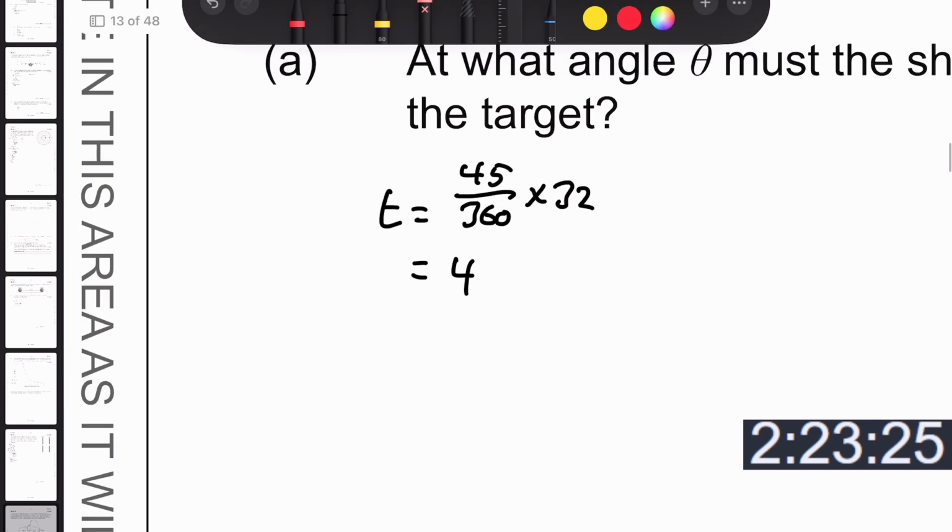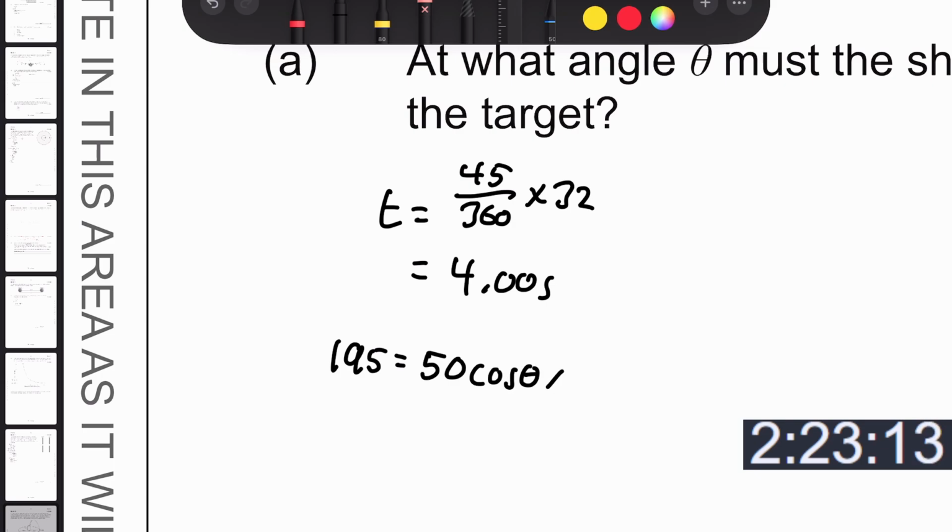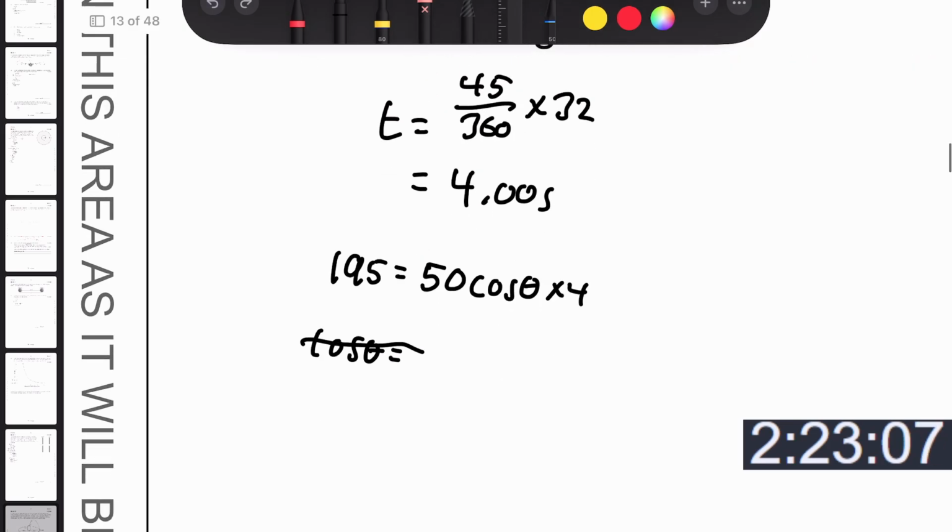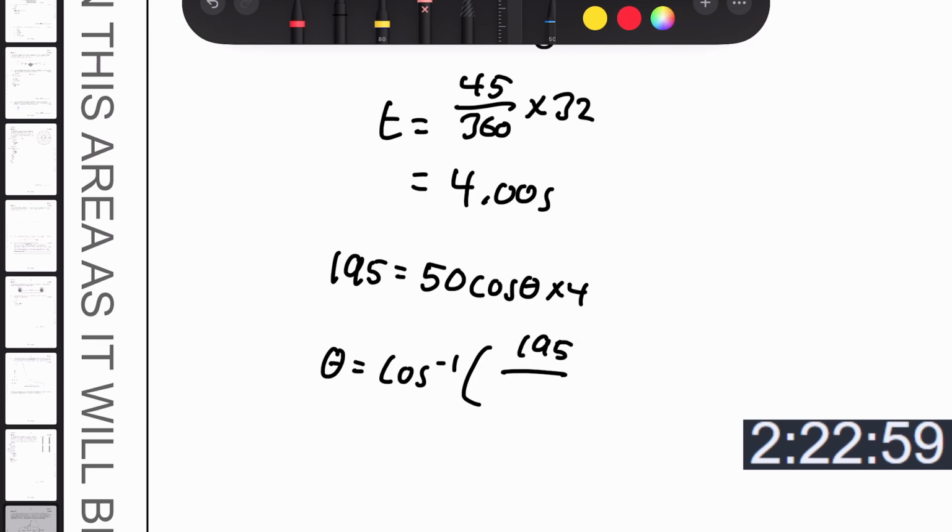Theta. So the 195 must equal 50 cosine of theta times 4, so the theta is going to equal the inverse cosine of 195 on 200.